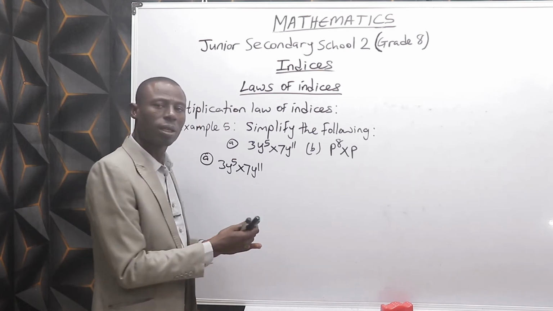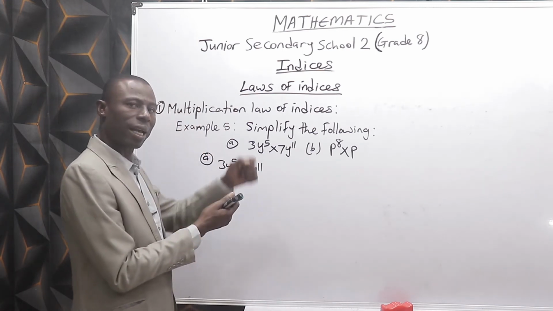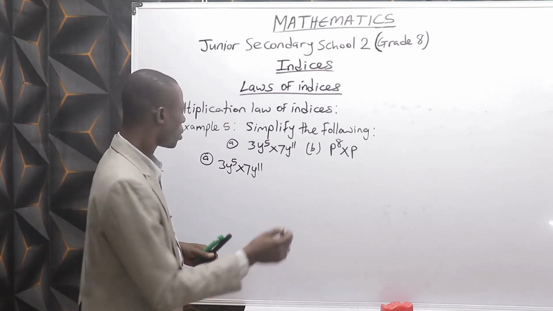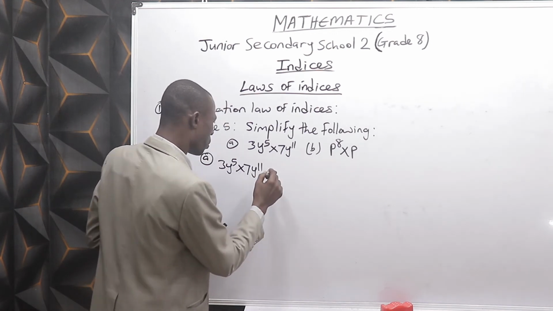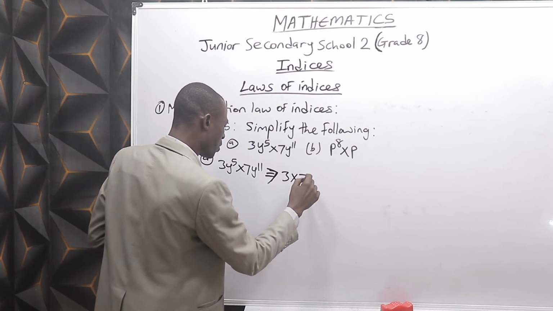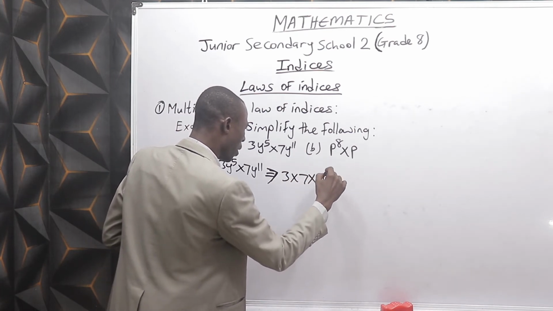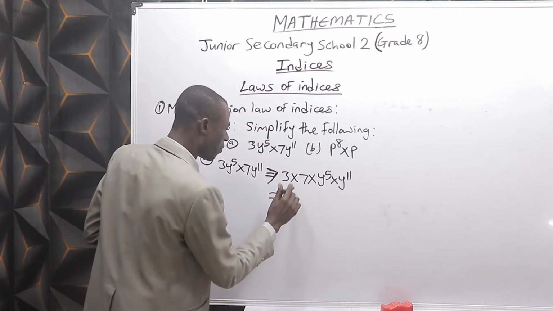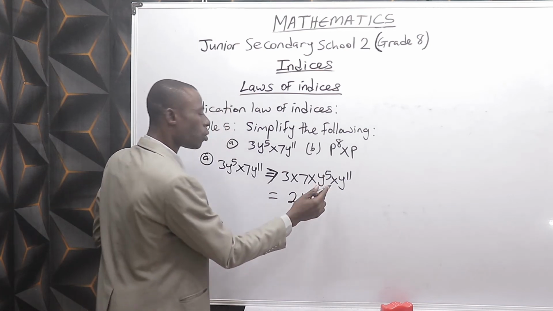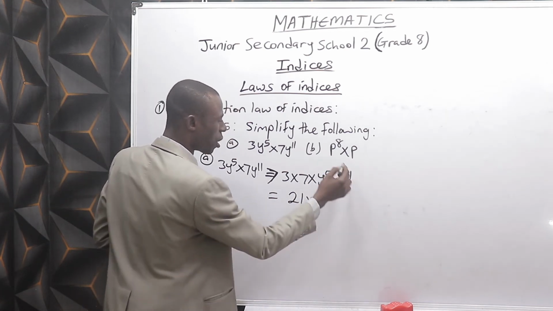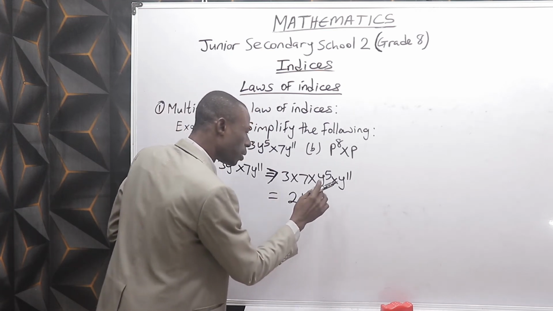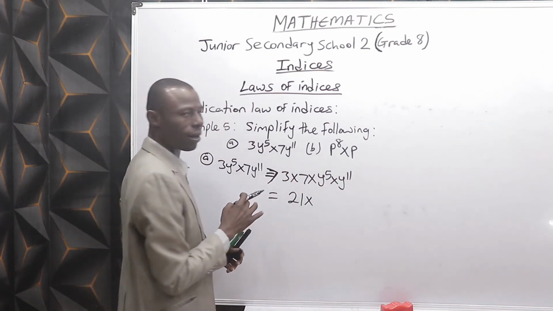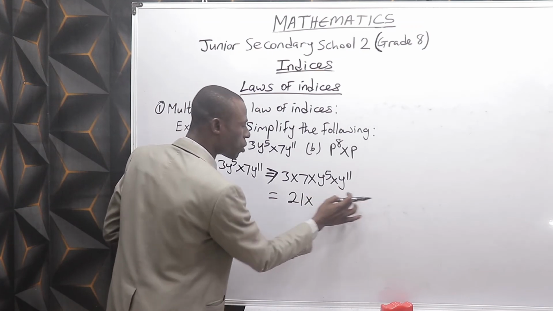Therefore, when you see a question that has greater power than necessary, then use the addition of indices method. That is, this means 3 times 7 times y raised to power 5 times y raised to power 11. 3 times 7 is 21 times, you now apply the law of multiplication here, which states that the multiplication changes to addition in the exponential region to add up the powers on a chosen base.